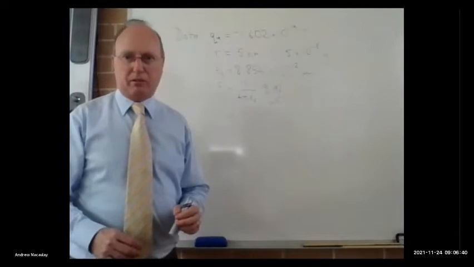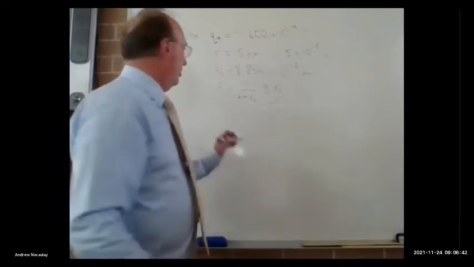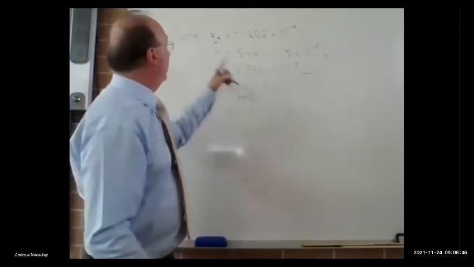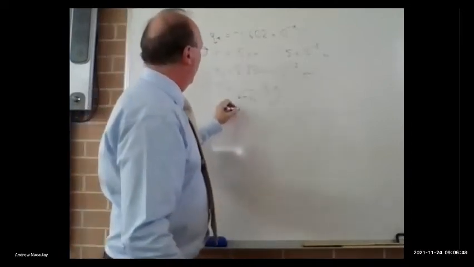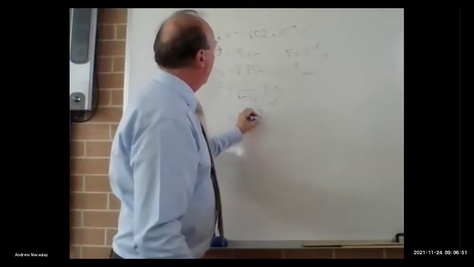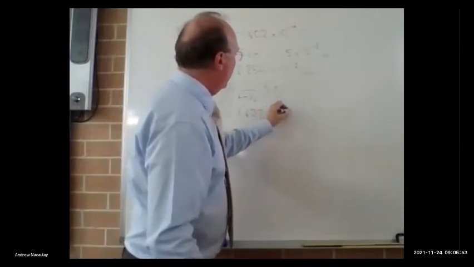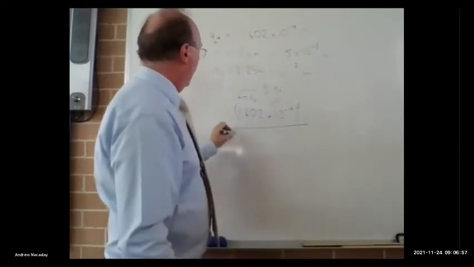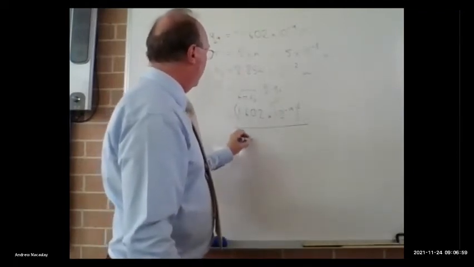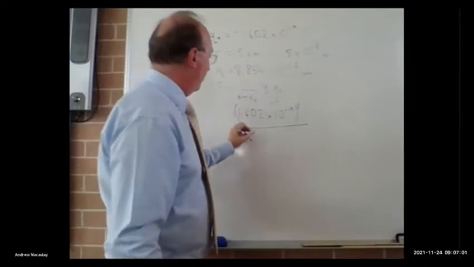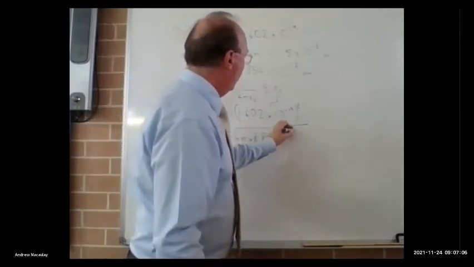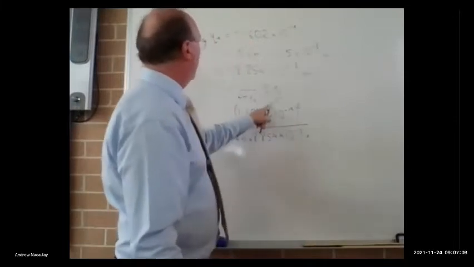So when we substitute, on the top line, we've got two charges that are equal. So I'm just going to substitute in qe, which is 1.602 times 10 to the negative 19, and I'm going to square that on the calculator. That'll save a step. On the bottom is 4 pi times epsilon 0, which is 8.854 times 10 to the negative 12. And we want to multiply that by r squared.